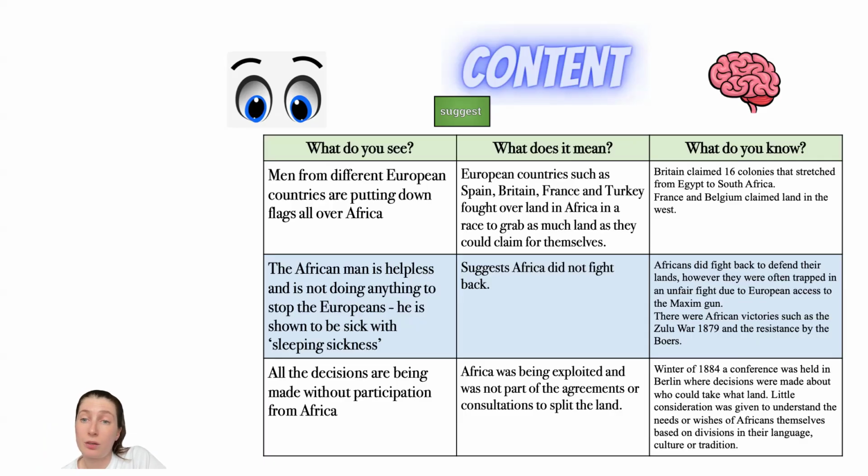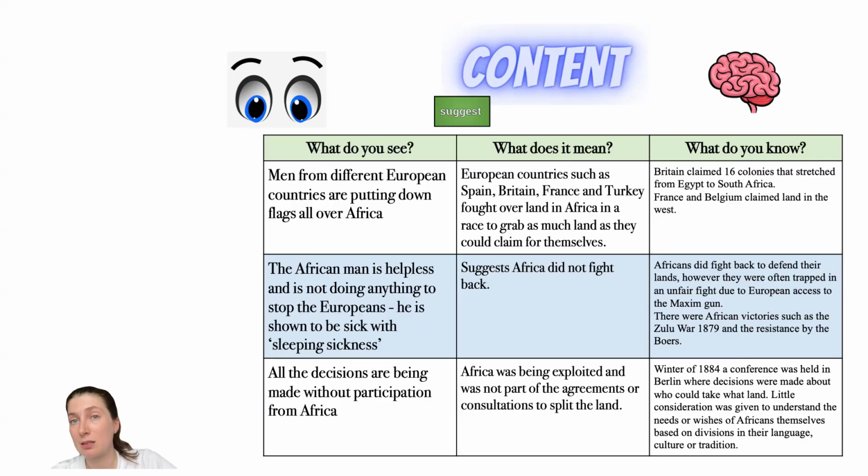However, we do know that Africans did fight back to defend their lands, but they were often trapped in a very unfair fight due to European access to weapons like guns, particularly the Maxim gun. We know there were African victories, such as the Zulu War in 1879 and resistance by the Boers. So you can definitely write this point if you want to, because you're suggesting the source is limited because it has misrepresented information. And that's how I would answer that one.